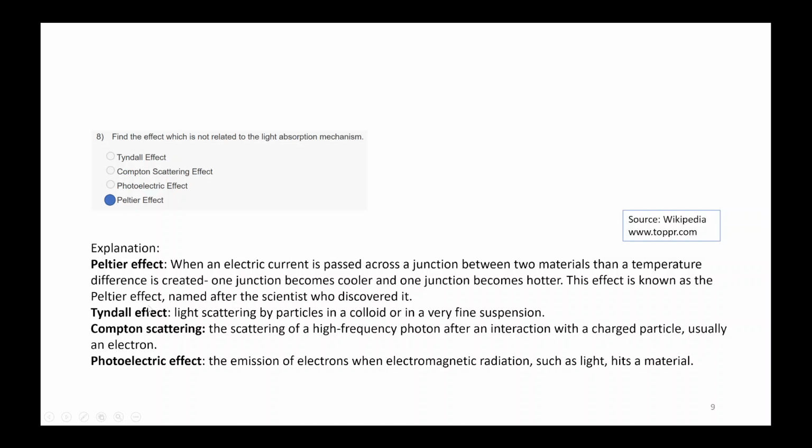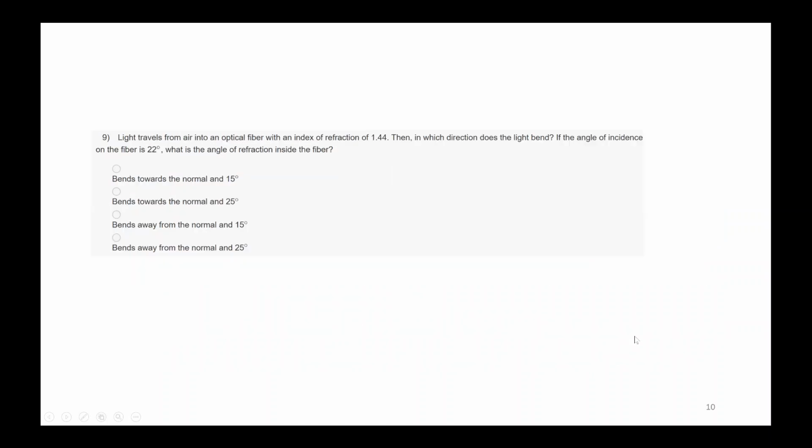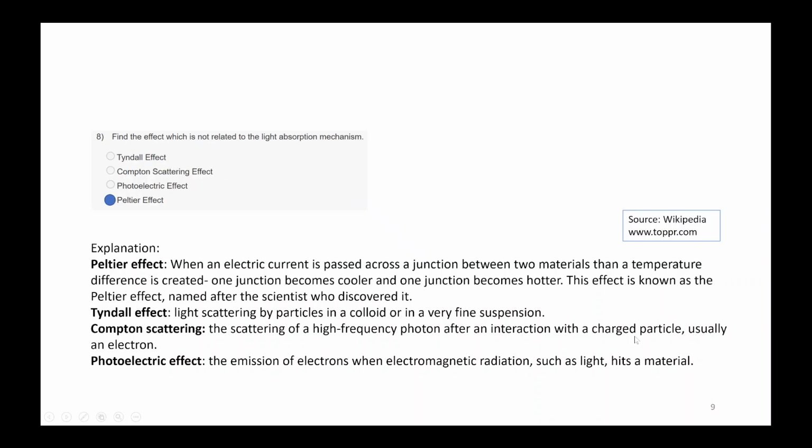So this is related to this effect. In case of Compton scattering, the scattering of a high frequency photon after an interaction with a charged particle, usually an electron. And photoelectric effect is the emission of electrons when electromagnetic radiation such as light hits a material. So all these three effects are related to light absorption.